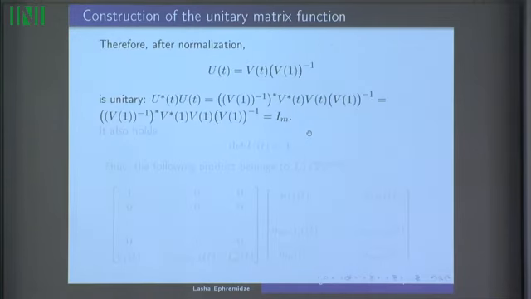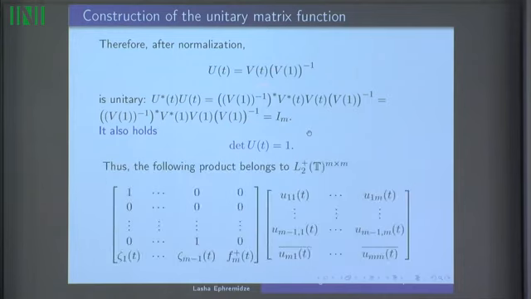After normalization, we can take in 1 this matrix V and divide by this constant, so that the product will now be 1, and therefore the determinant will be 1, because in 1 this determinant has 1, and everywhere the determinant is constant, so it will be 1.